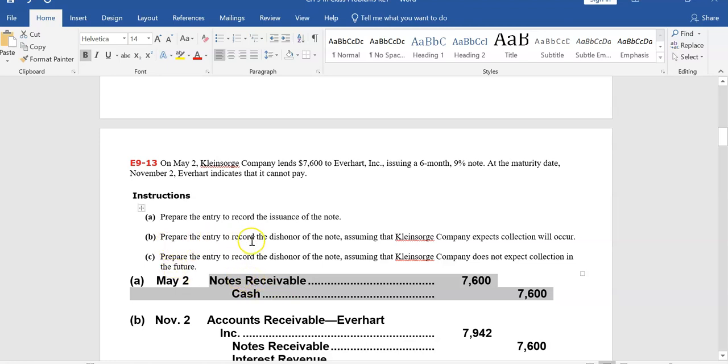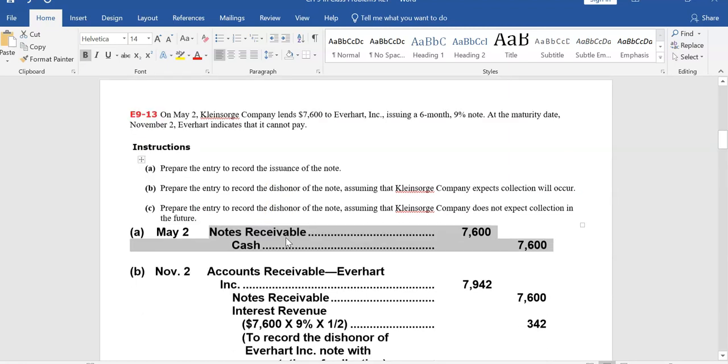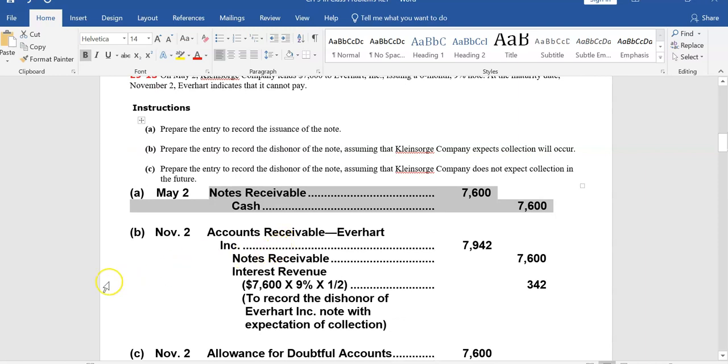Now, let's prepare the entry when the note matures on November 2nd. When that note matures, the holder of the note doesn't pay it off. We cannot leave the note as a notes receivable in the general ledger because technically we don't have a valid note receivable anymore. We still have a receivable.